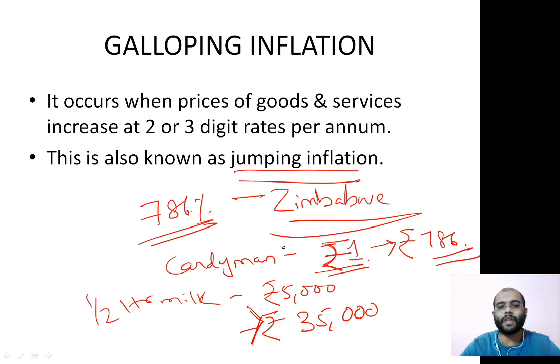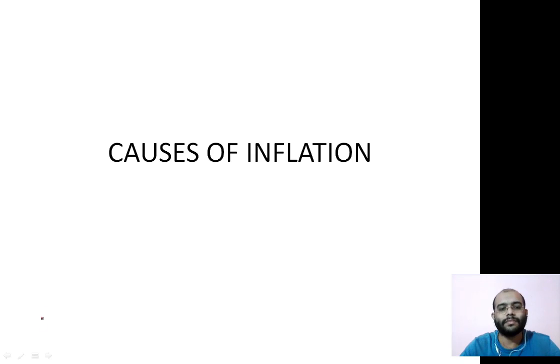Imagine that, taking 35,000 or around 40,000 rupees with you to buy a single half liter milk packet, and you need to buy it. It is an essential commodity. That is the case of galloping inflation. That is the condition of people living in those economies.